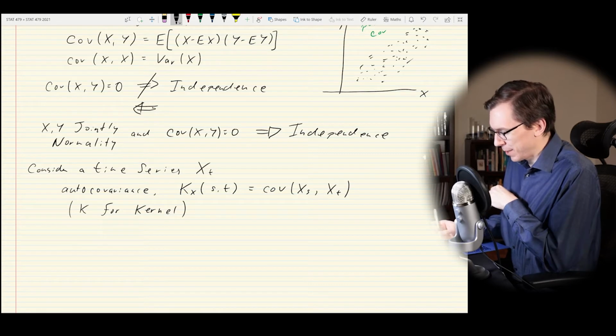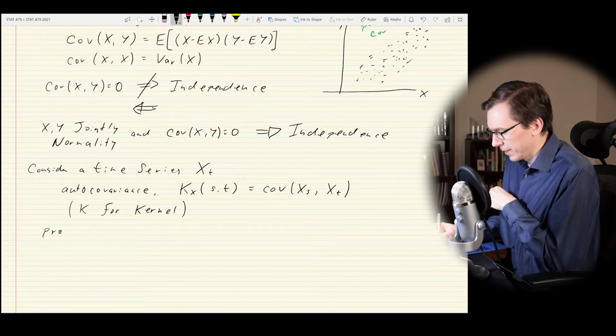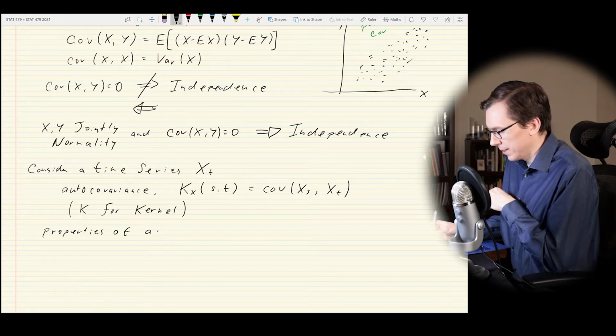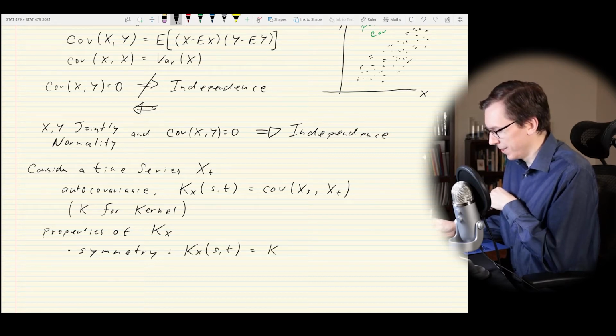There are some interesting properties here. Let's say properties of k_x, so I don't have to write that all out again. The first is going to be symmetry in the arguments. So what that means is that the autocovariance at (s, t) is going to be the autocovariance at (t, s), right?